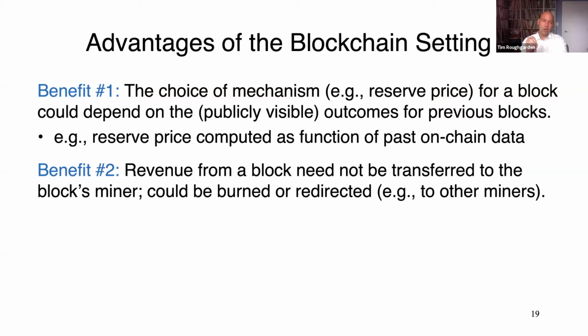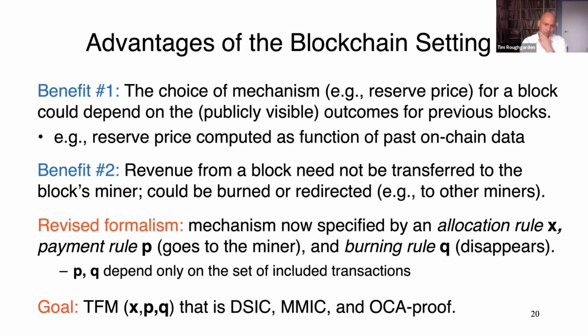But you could replace that code with doing anything else with those payments, and there's nothing anybody could do about it. In particular, you could burn people's bids if you wanted, or you could pay them to somebody other than that block's miner: a foundation, miners of other blocks, whatever. Again, there's nothing anybody can do about this because it's baked into the code.